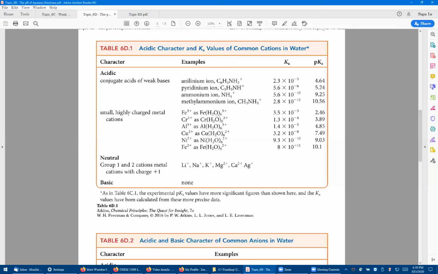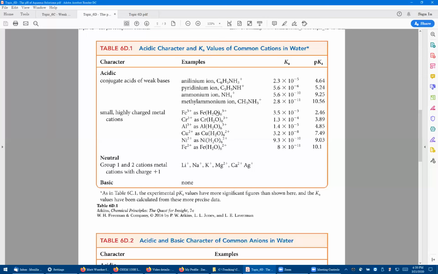And because of that, this material can behave as a weak acid. And as a weak acid, it can donate a proton. Well, where does the proton come from? Well, it comes from one of these water molecules. There's 6 water molecules here. One of them will lose a proton, okay? And that decreases the charge on the whole species to 2+ and gives up an H3O+, okay?